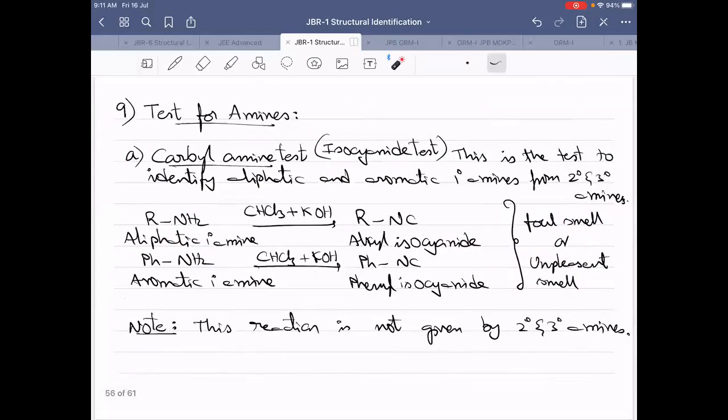Next is a test for amines. We know three types of compounds are taken under amines. They are RNH2, primary amine, R2NH, secondary amine, R3N, tertiary amine.